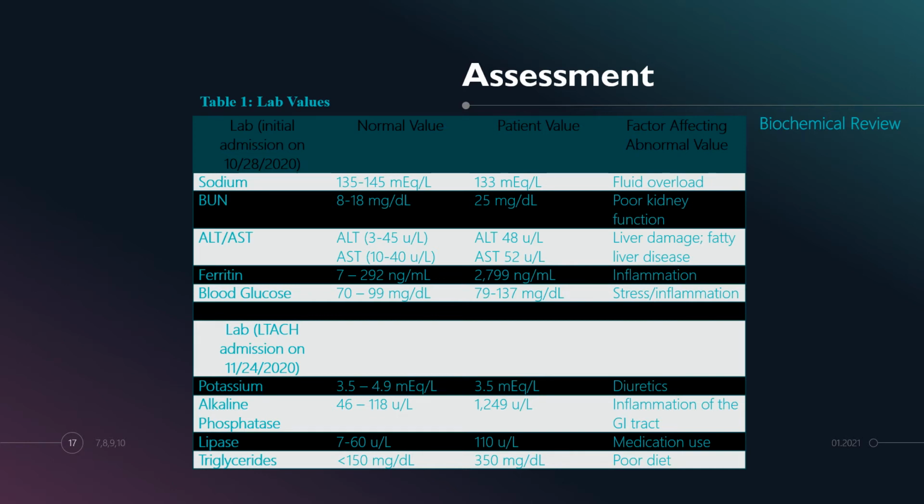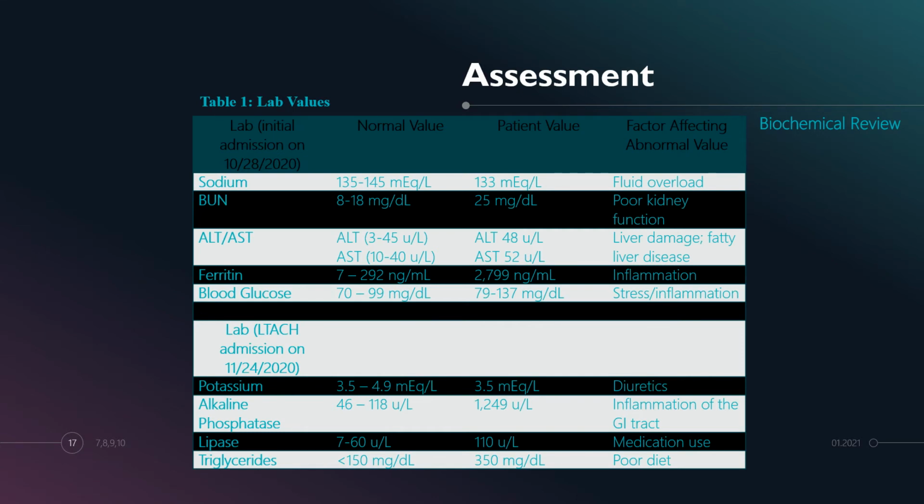Her BUN was a little high, it was 25. This could be just due to poor kidney function. I'm guessing she didn't have any kidney issues, so this could just be likely due to the inflammation seen, and it's causing it to be slightly elevated.